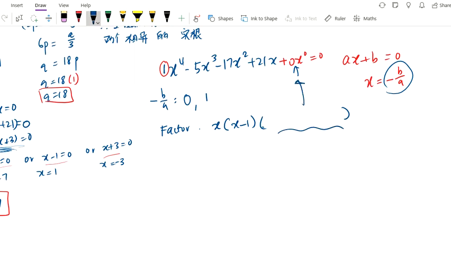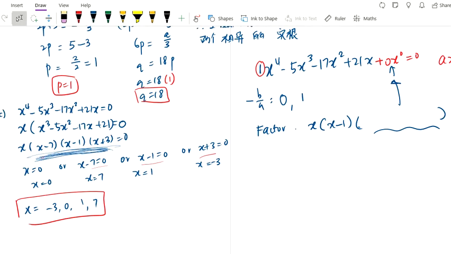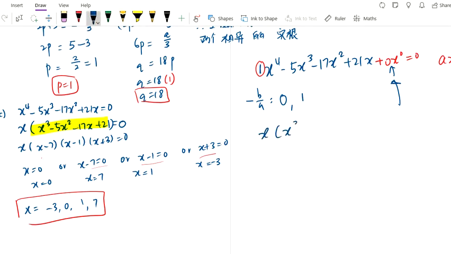So how do we find it? I think we can use something from here. When we factor out x, we will actually get this part. Highlight this part. Before that, let me just write it like this: x cubed minus 5x squared minus 17x plus 21 equals 0.